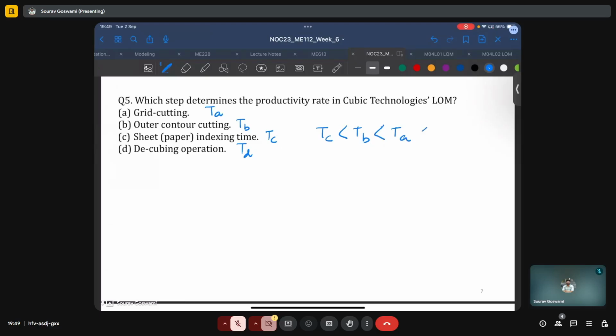But all of these are far smaller than the decubing time, which will be in several hours. As we know, the productivity rate for any process is determined by the slowest step, which in this case is the decubing operation, and so option D is correct.